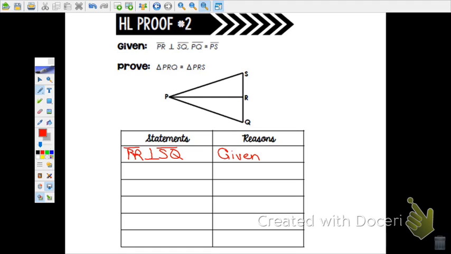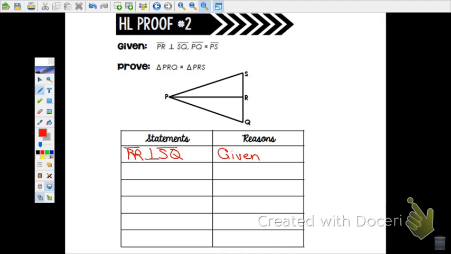If you're looking down below, am I told I have right angles? No. I'm told I have two segments that are perpendicular.